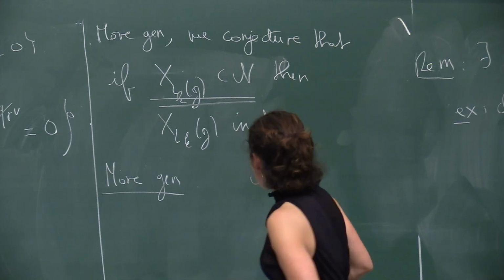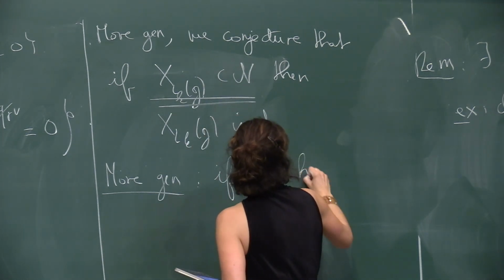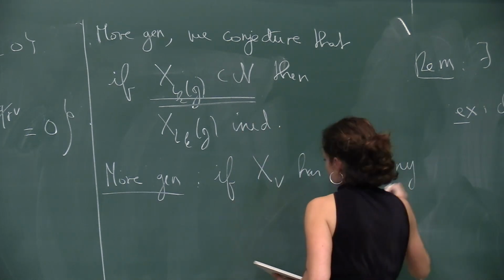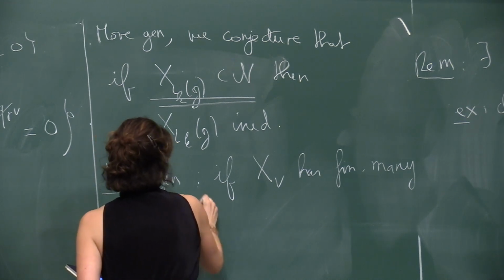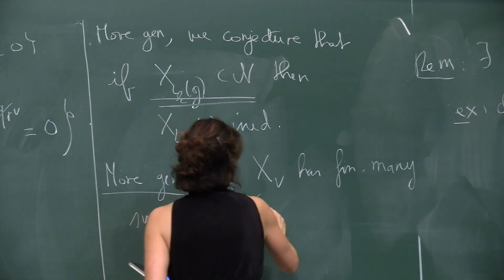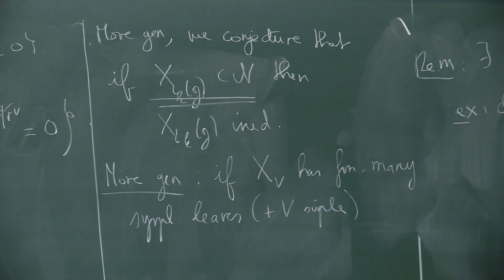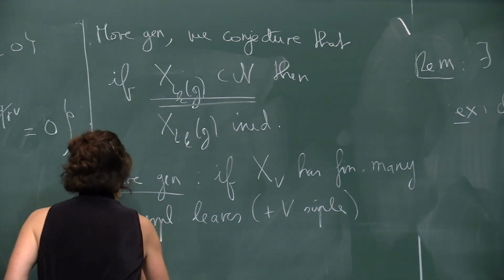So more generally, we conjecture that if X_V has finitely many symplectic leaves, and plus V simple or whatever you want, it's a conjecture, so we don't really care, then X_V is irreducible.